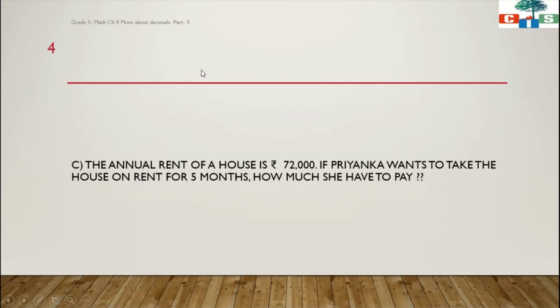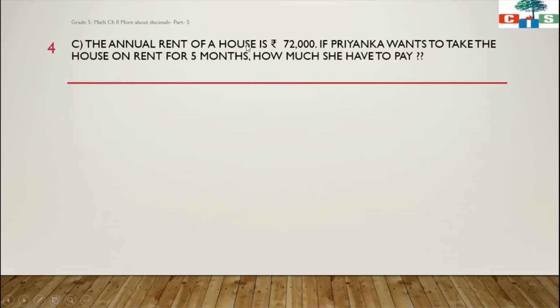So let's see sum number C of exercise 8.3. The annual rent of a house is rupees 72,000. If Priyanka wants to take the house on rent for 5 months, how much does she have to pay?